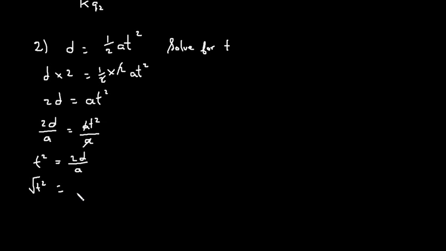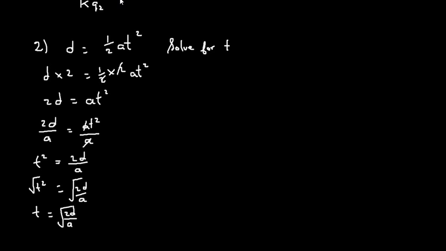What we do on the left, we must do on the right. So therefore, we root 2d divided by a. After applying the root to the t squared, the result is t is equal to the root of 2d divided by a. Very, very easy.